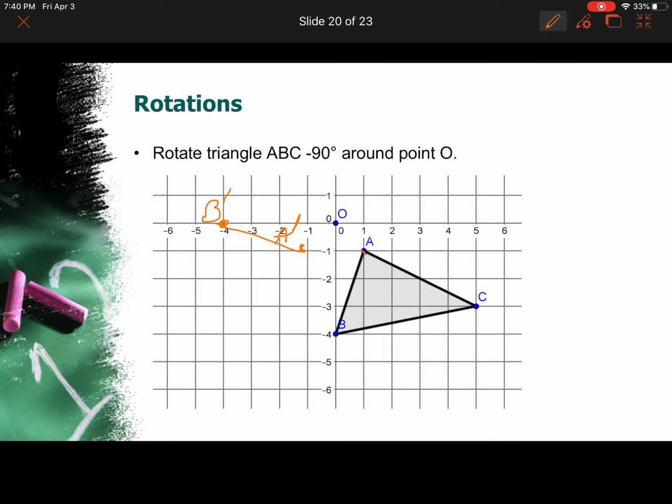And then if you notice, this is negative 3, 5. Oh, sorry, 5, negative 3. So we're going to go over negative 5, negative 3.